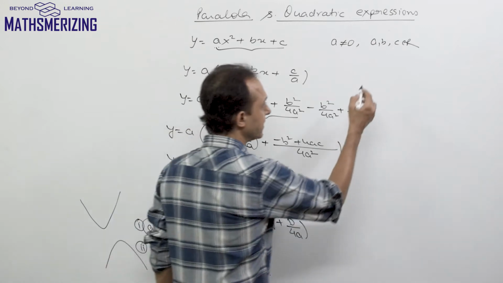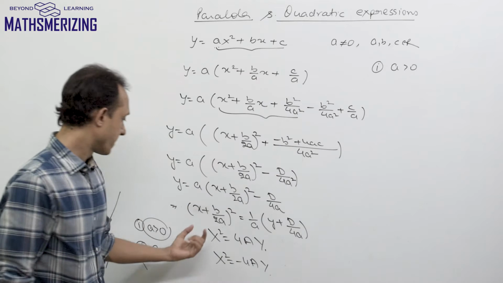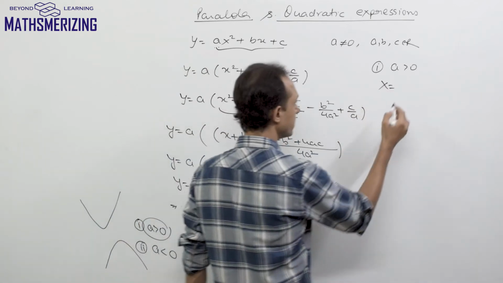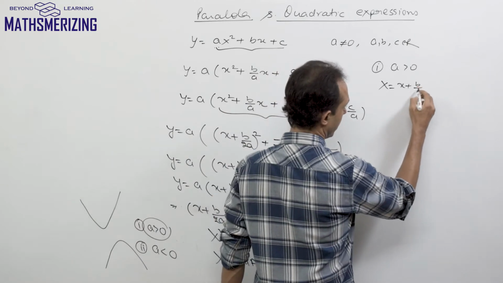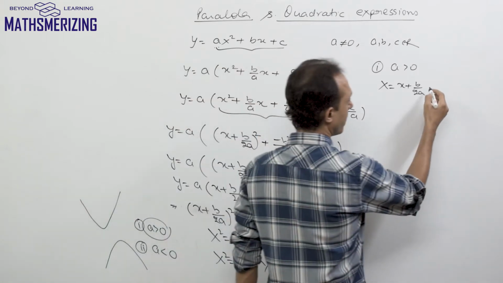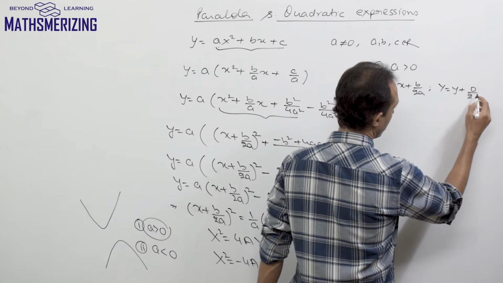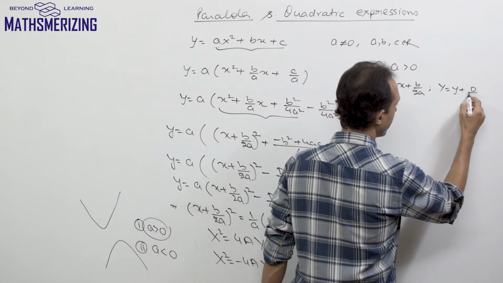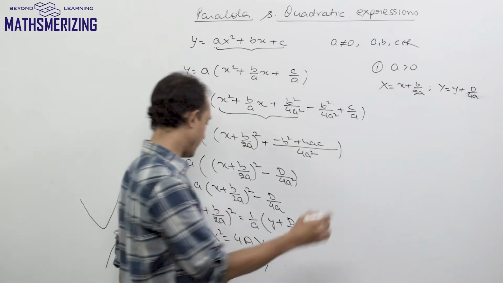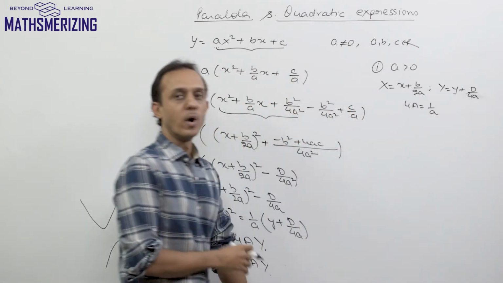So if I consider this first case, when a is greater than 0, then if I compare, I'll write capital X as x plus b upon 2a, capital Y as y plus D upon 4a, and then I'll write 4a as simply 1 upon a.